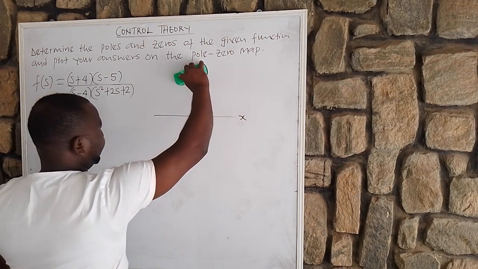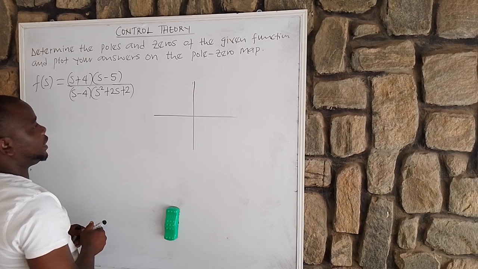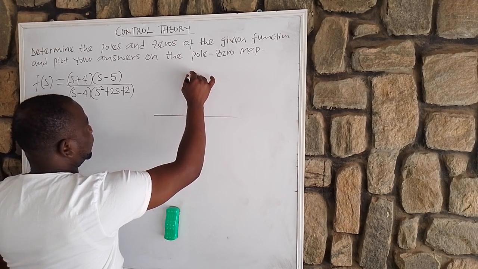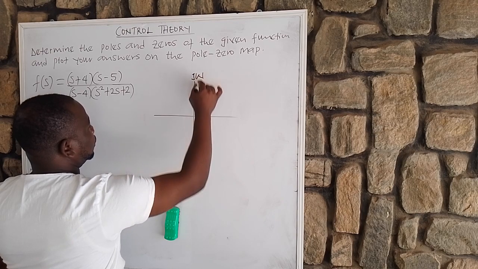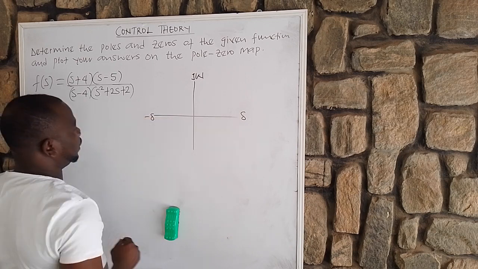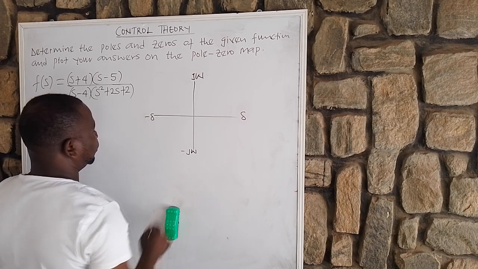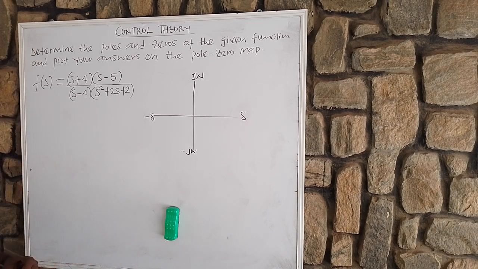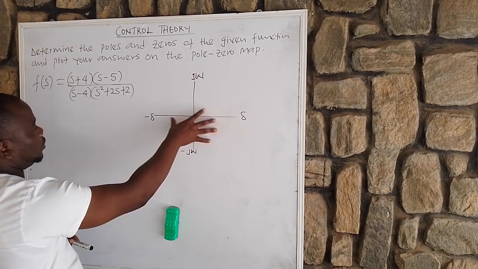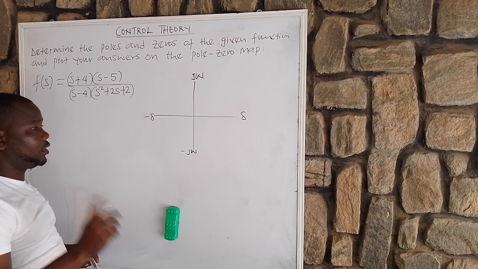Instead of y, here will be jω, then here will be σ, it means minus σ, and minus jω. So take note. Whenever I want to plot the poles on this pole zero map, this is what we are going to use. Is that clear? So take note.